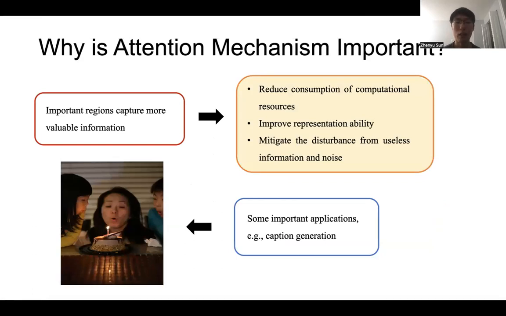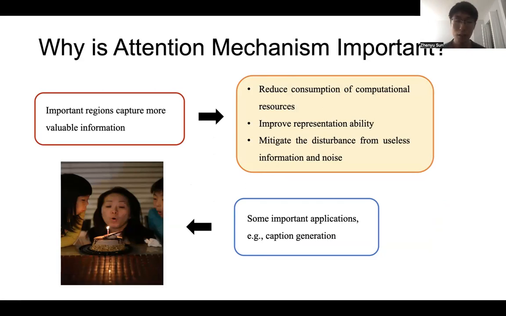And why is it important? As I said in the previous slide, the first thing is that important regions can capture more valuable information. So by focusing on this part of the image, but not on the whole image, it can highly reduce the consumption of computational resources.